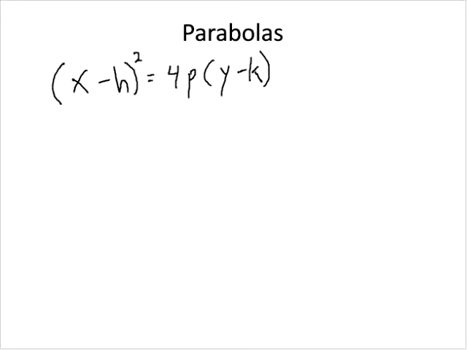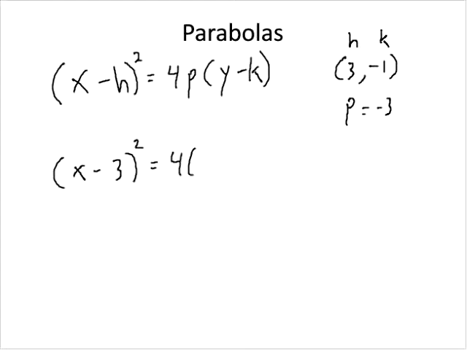We already found the vertex. The vertex is 3, negative 1. So this is h, and this is k. And we also know that p is a negative 3. We'll write this out as x minus 3 squared equals 4 times negative 3 times y minus a minus 1.